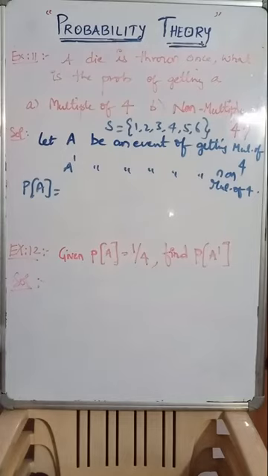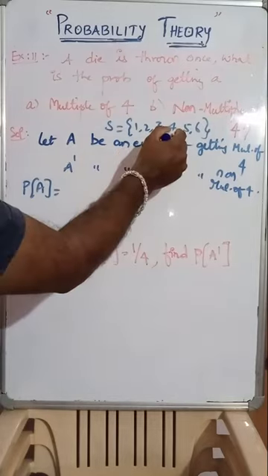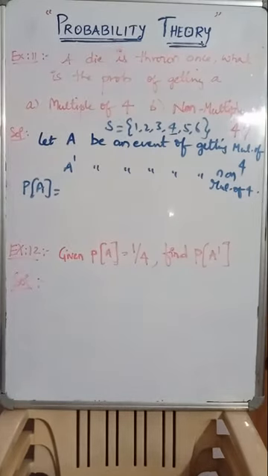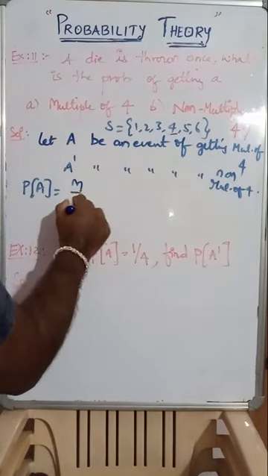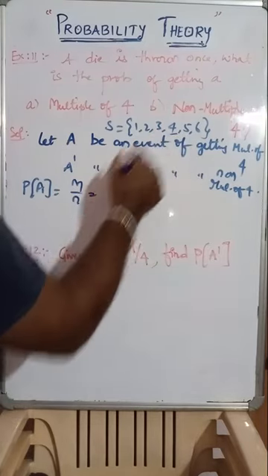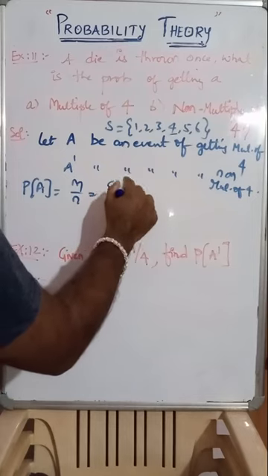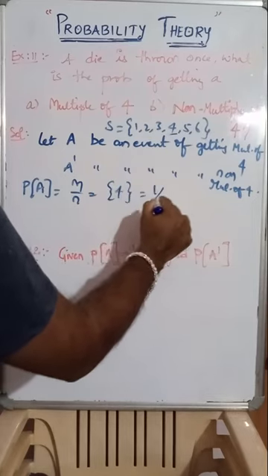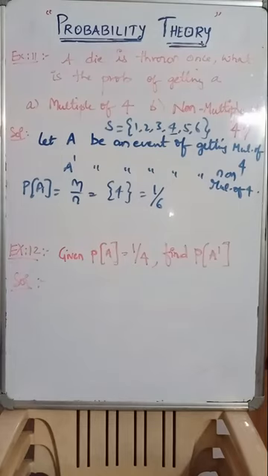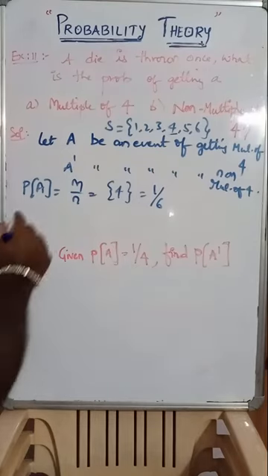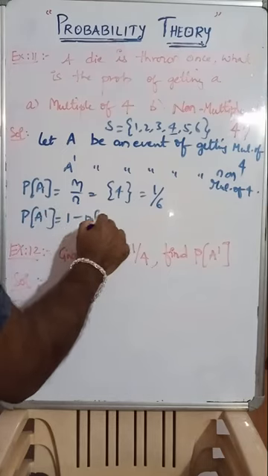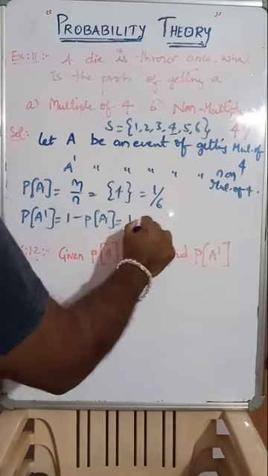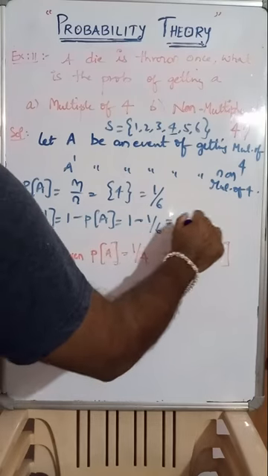Next, probability of A, getting a multiple of 4. How many? Multiple of 4 will be only 1 out of 6. Therefore, favorable cases, how many are there? 1 divided by 6. Next, probability of getting A dash, 1 minus P of A. So 1 minus 1 by 6.